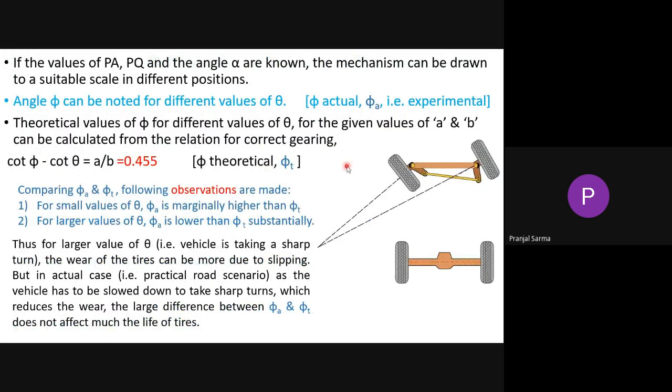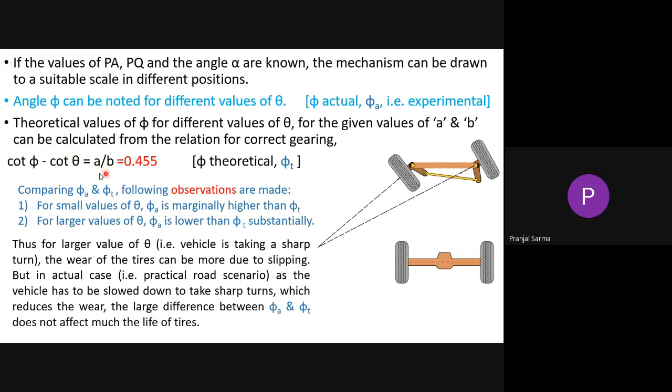Now here we are showing how the Ackermann steering gear is working. These L-shaped links that you have seen are known as the bell crank lever, where we have pivoting here and here. This is the cross link, and this is the actual axle position.